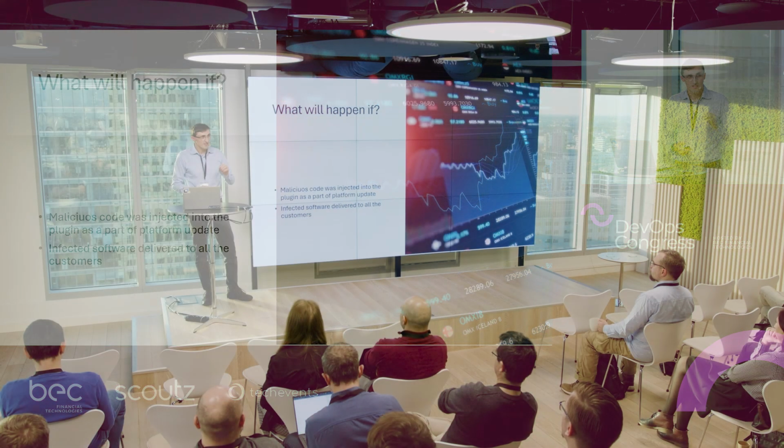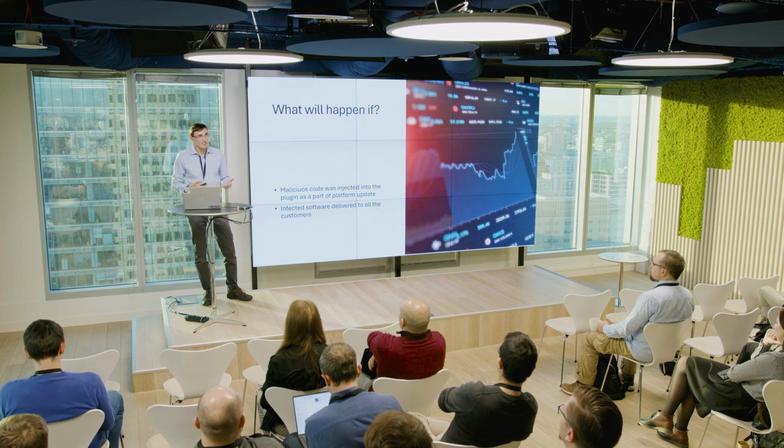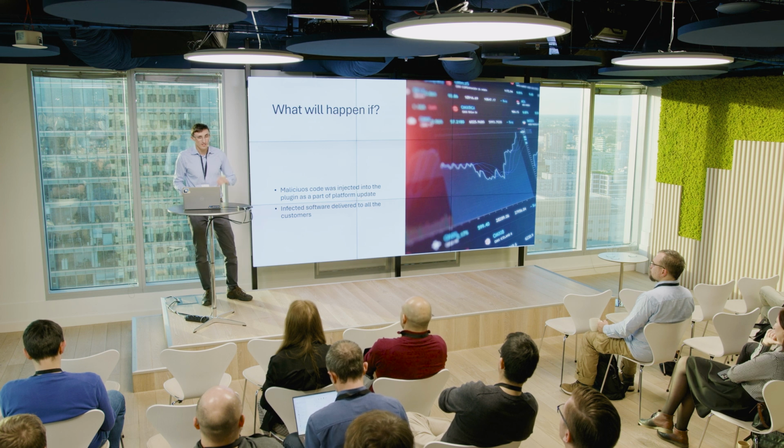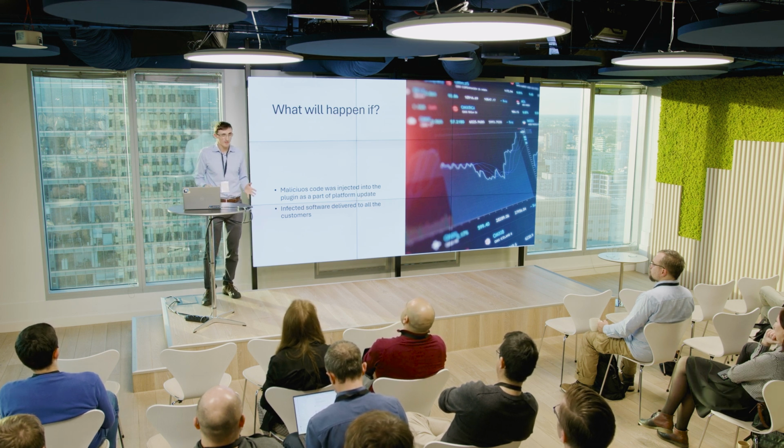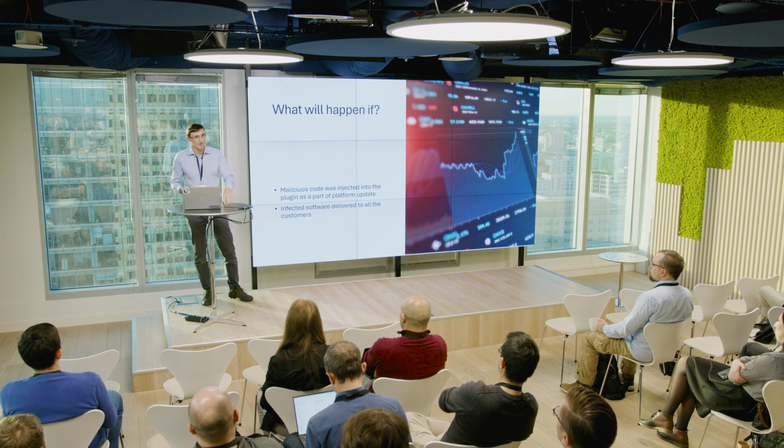And some attacker gets access to this update server and, in fact, injects a malicious script, malicious functionality code, into this platform update using some plugin or something like this. What will happen? All our customers will be infected through this one single point of updates.